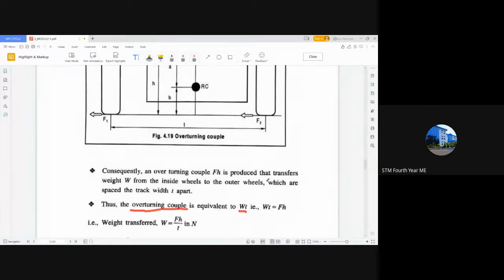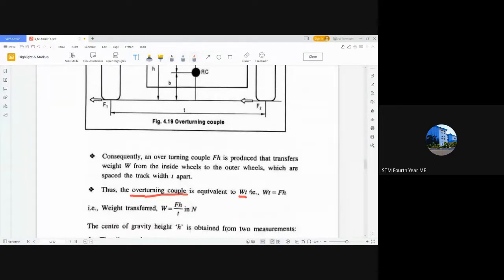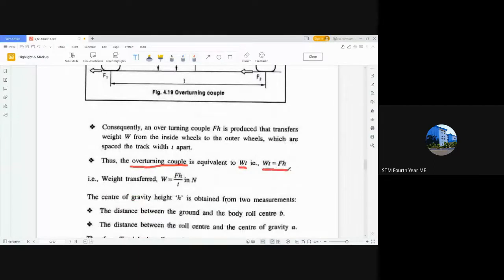Transverse displacement couple, which is WT equal to FH. Sorry, write the other way around: FH is equal to WT. So the centrifugal force couple will be equal to the transverse displacement couple moment, that is FH is equal to WT.